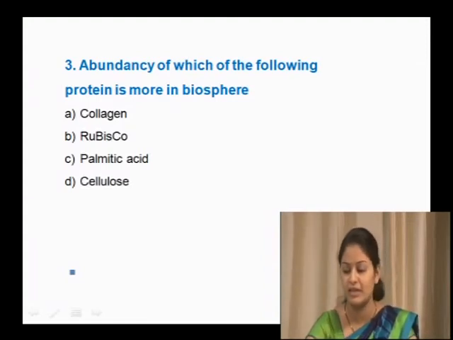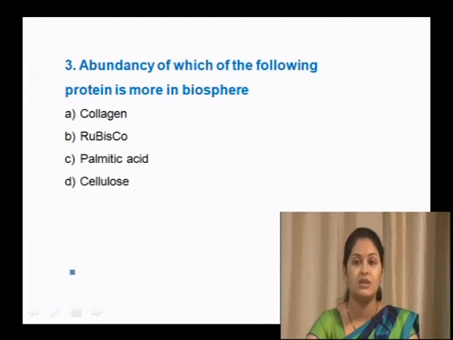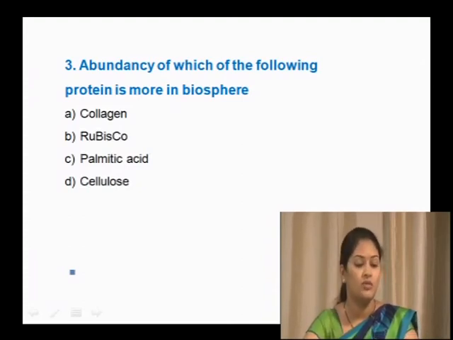Option C, palmitic acid, is actually a saturated fatty acid found in all kinds of lipids, so they are found in an animal's body. And option D, cellulose, is the most abundant organic molecule, not only protein. They are specifically asking about protein, but about cellulose we have to remember that it is the most abundant organic molecule. So the option for this question is B.